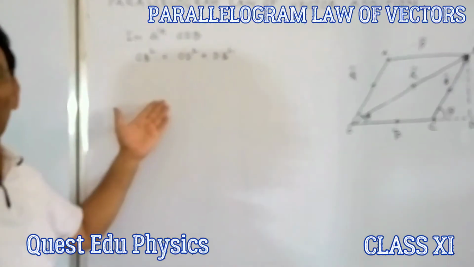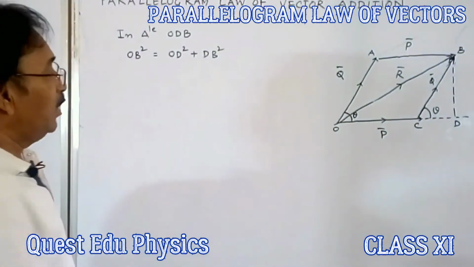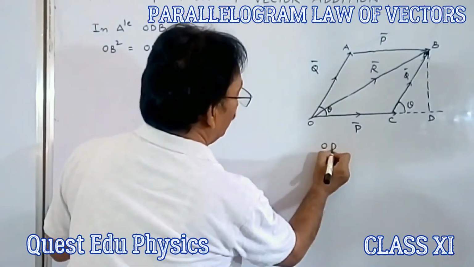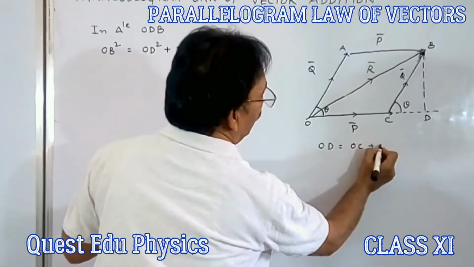You are aware of this. From first class you are learning about the Pythagoras principle. Here, if you watch it carefully, you will find OD is equal to OC plus CD.